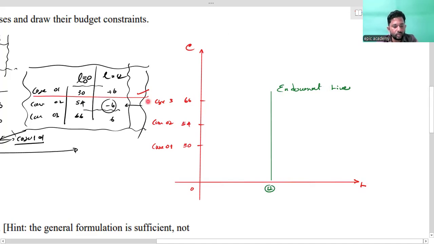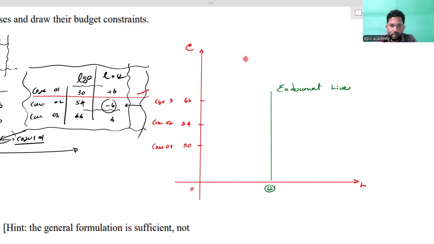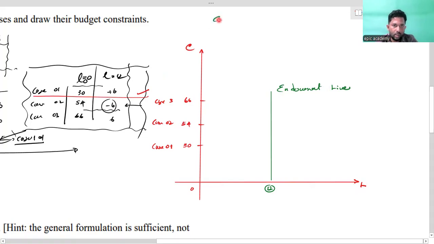Right? Okay, we got the equations in here. By using equation number 1, C equals 30 minus 2L. When L becomes 0, the C value becomes 30. If L becomes 0, C must be equal to 30.